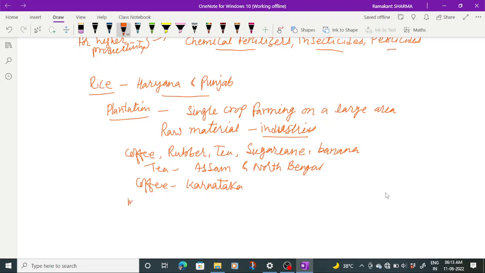This commercial crop is mainly for markets, and this has given development to a network of transport and communication system also.